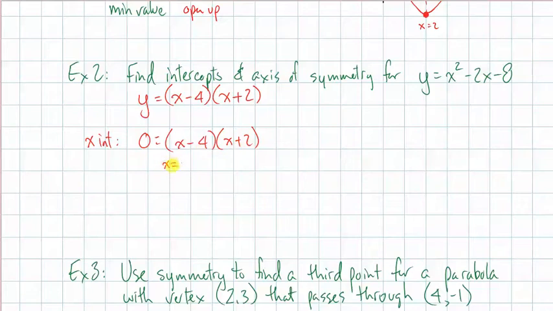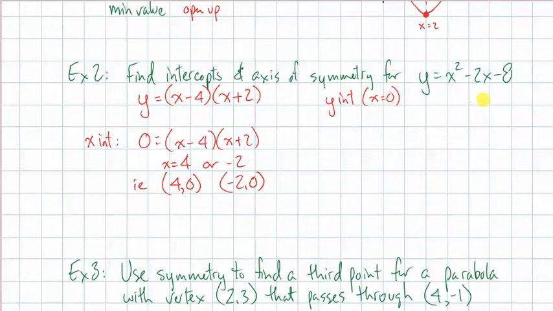We've seen this before. x equals 4 or negative 2, and to write them as points, what I mean is 4 comma 0 and negative 2 comma 0. There's my x-intercepts. My y-intercept, remember, that's where x is 0. So I say y equals 0 minus 8. So it is 0, comma, negative 8. Remember, that c value, that's your y-intercept.